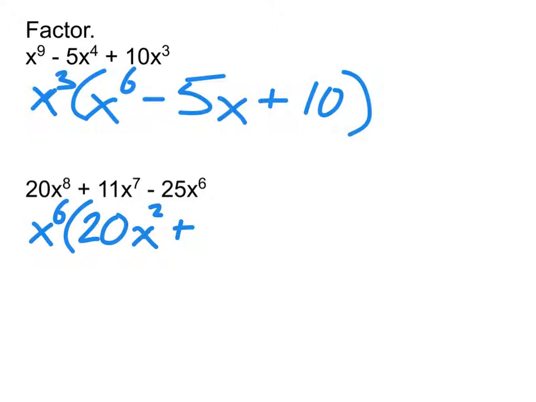All right, next up, the 11 is unchanged. And then if I take x to the 7th divided by x to the 6th, that's x to the 1, which I just write as x because x to the 1 equals x. And then minus, the 25 is unchanged. And I'm pulling all of the x to the 6's out. So there's no more x's left. So that is now completed.